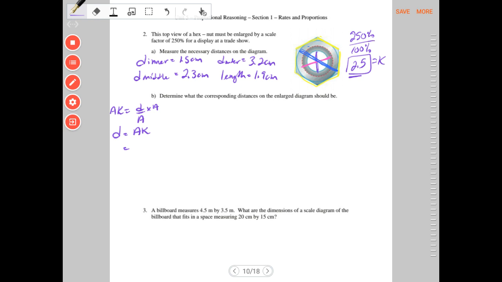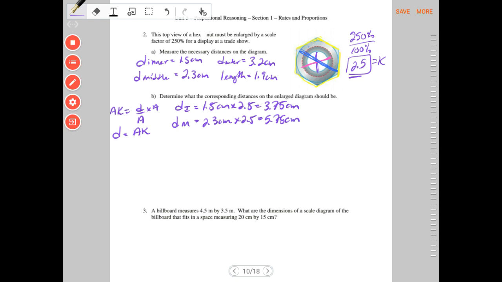Okay, so let's figure out the diameter of the inner. The inner is going to equal 1.5 times 2.5, which works out to be 3.75 centimeters. The diameter of the middle is 2.3 times 2.5, which works out to be 5.75 centimeters.